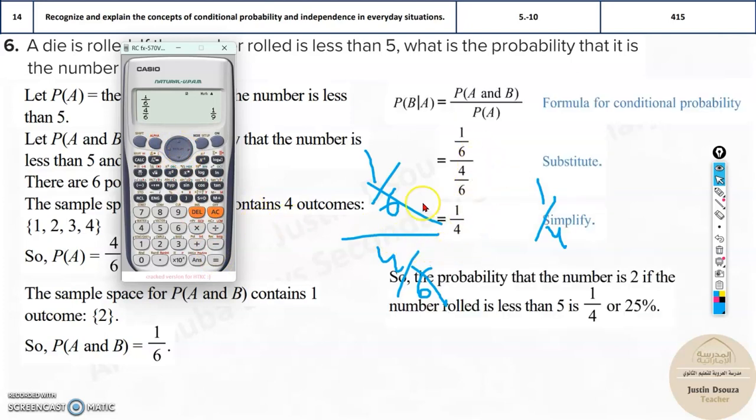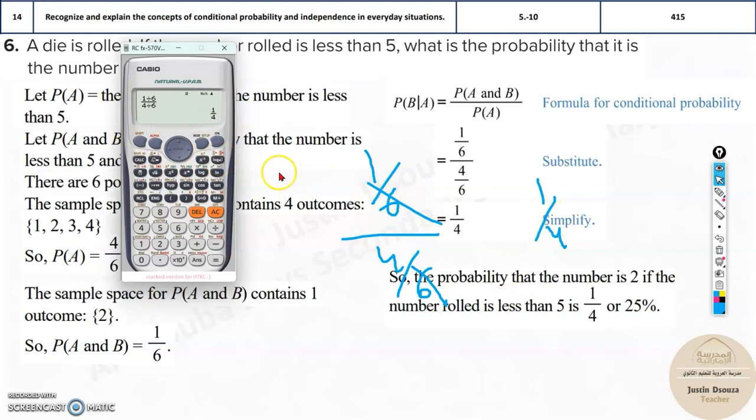It's 1/4. I don't know why the calculator shows 1 by 9. Okay, let me do it again, 1 divided by 6 and 4 divided by 6. Okay, now you get it. I think I did not use the fractions properly. I will have to recheck what I put.